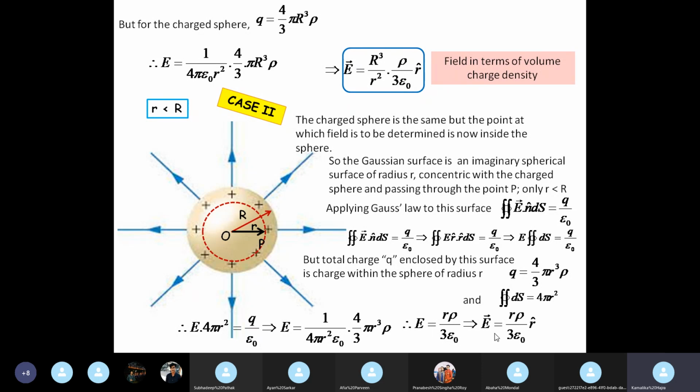And in terms of vector, E is equal to r rho by 3 epsilon naught r cap. Okay. So when small r is less than capital R, that is when we are at a point inside the sphere, the value of the electric field is r rho by 3 epsilon naught. Clear?